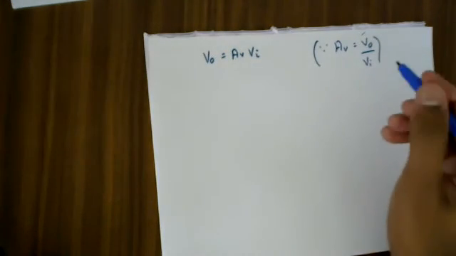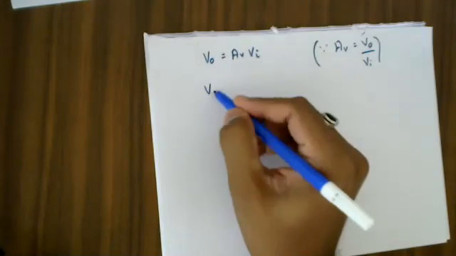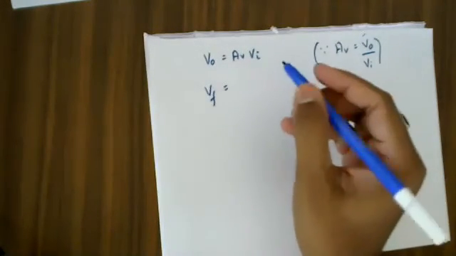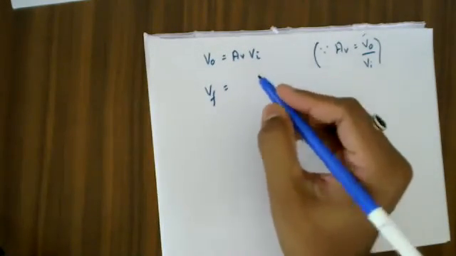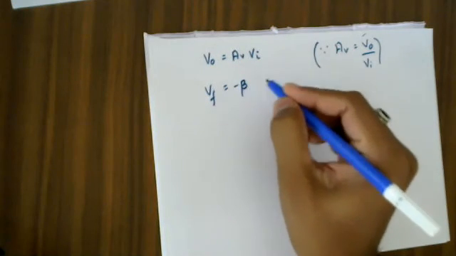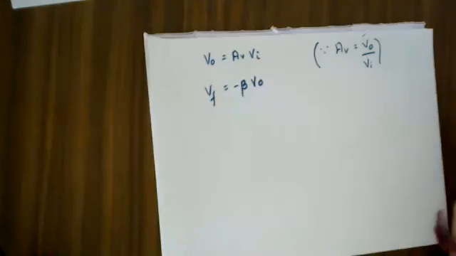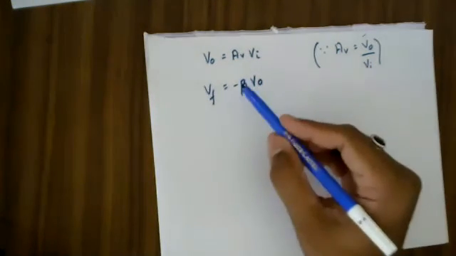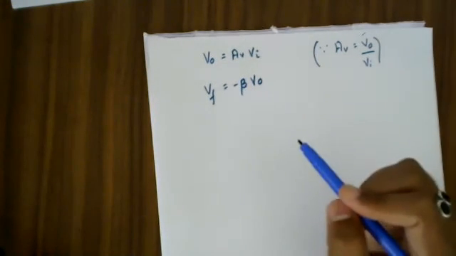Then I also know the equation for the feedback voltage. The equation for the feedback voltage is given by Vf equals minus beta times V out. Now you may be asking, sir, why are you using this negative term?